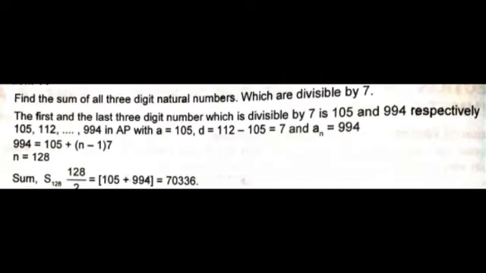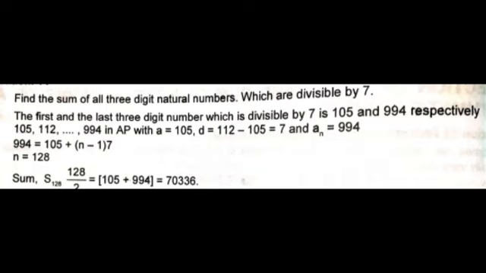Now let us consider another question. In this question, find the sum of all 3-digit natural numbers which are divisible by 7. The first and the last 3-digit numbers divisible by 7 we will have to find first. The first number is 105, which is divisible by 7 and is of 3 digits.